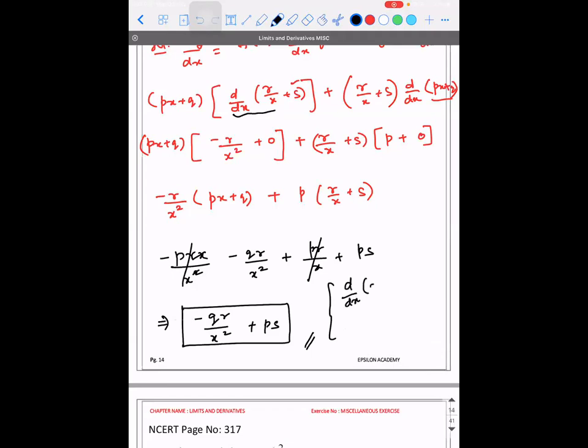D by dx of x power minus 1. X power n minus 1, so minus 1 divided by. The minus 1 will come as coefficient outside. Oh, n. Sorry, I'm doing integration. I'm extremely sorry. See, so minus 1 into x power minus 2. So minus 1 by x square. Sorry, I was doing some integration problem, so I got stuck in that. So it is minus qr by x square plus ps. I hope you understood. Yes, sir.